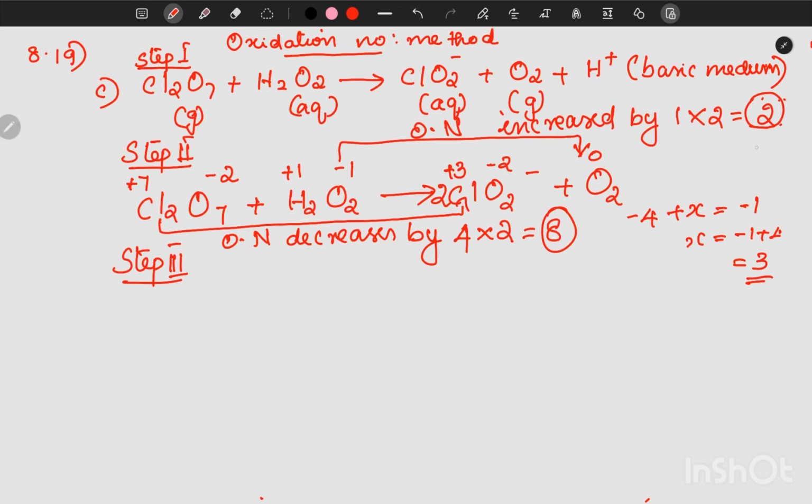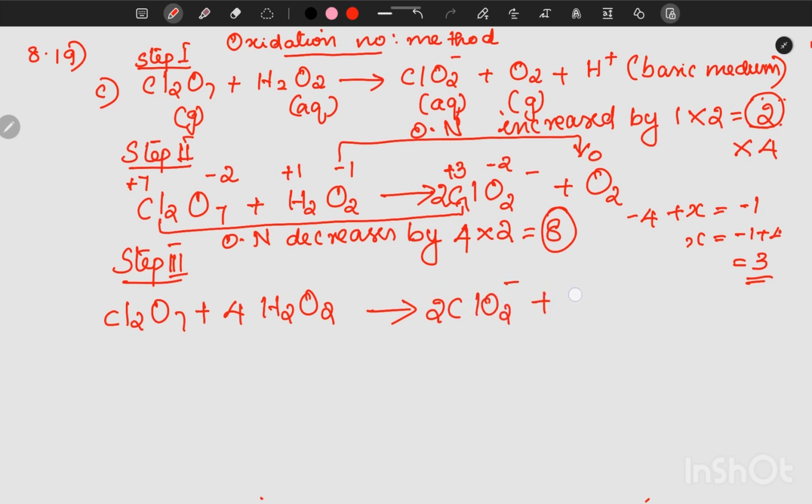So, to make the change equal, we can multiply H2O2 and O2 by 4. Now let us write the equation. Cl2O7 plus 4H2O2 gives 2ClO2 minus plus 4O2.